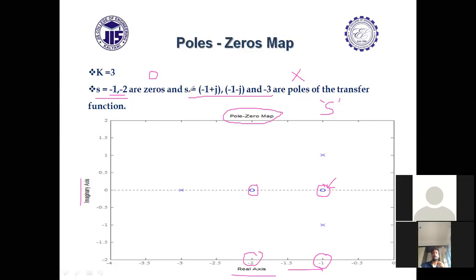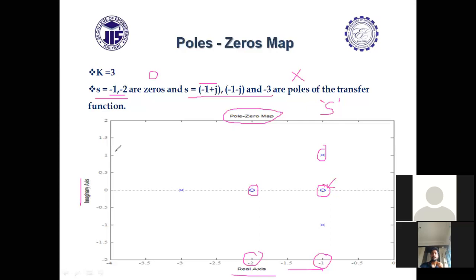Similarly, when we plot the poles, the first pole is located at minus 1 plus j. What is minus 1? Minus 1 is the real value and plus j is the imaginary value. Plus j means plus j1. So this is minus 1 axis, and minus 1 plus j means this one.